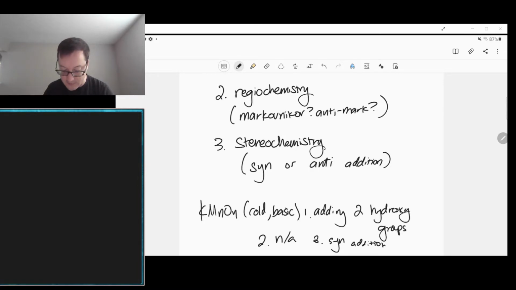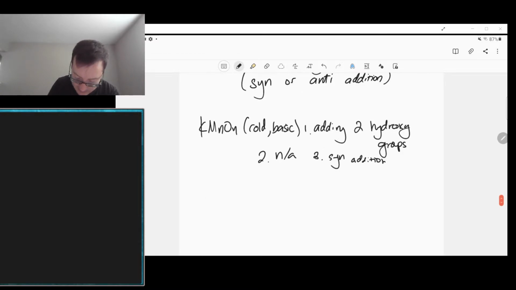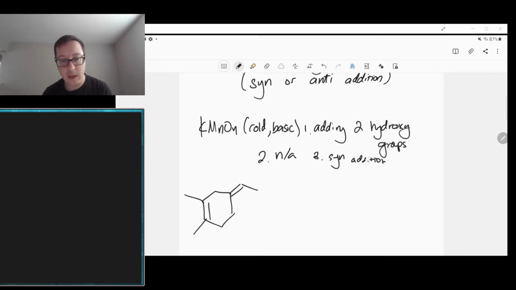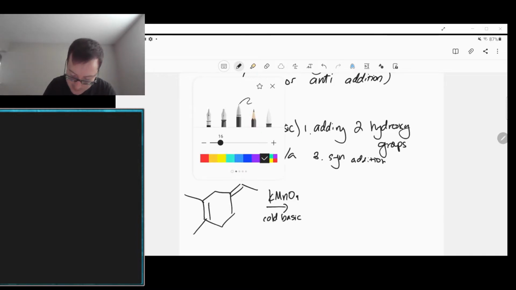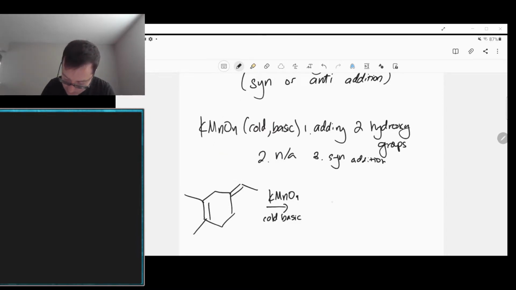And so if you understand this, you can take it to any alkene that I want to give you. Say we do the same one we just did the other bit for. We're adding two hydroxy groups. Doesn't matter to which one because we're adding it to both, and we're adding them syn to each other. So if we take KMnO4, cold basic, to this molecule, we're expecting it to add two hydroxy groups to each alkene.